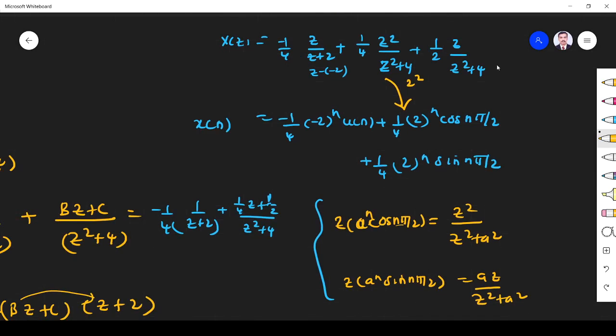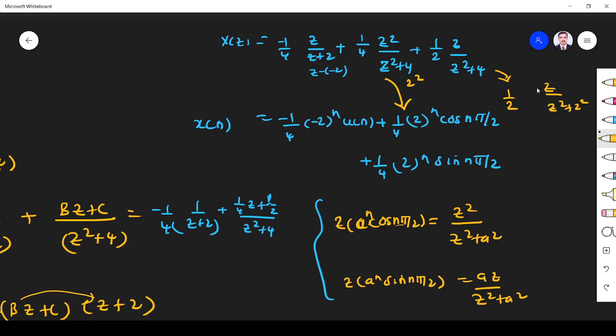Okay, let me write here 1 by 2, right? z by z square plus 4. But what I need is z by z square plus 2 squared. But if I have a here in this equation, then I can apply this rule. So what is a? 2. A squared is 4, a is 2.